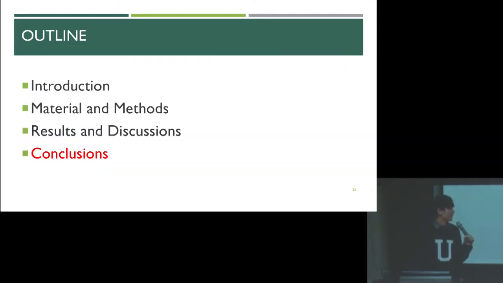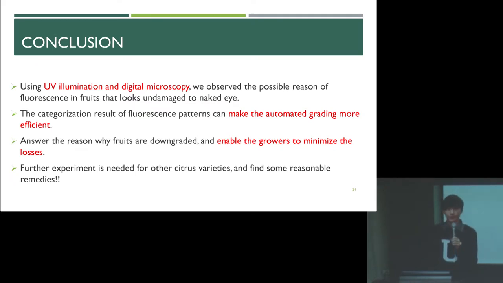So my conclusion is that by using UV illumination and a microscope, we can actually identify the physical reason of the fluorescence. And with the categorization of the fluorescence, we can make the grading more efficient, and also find the reason fruit will be downgraded, and enable growers to minimize the loss.